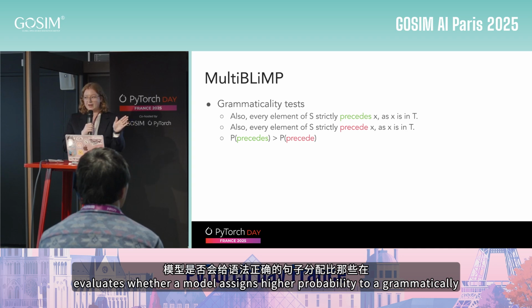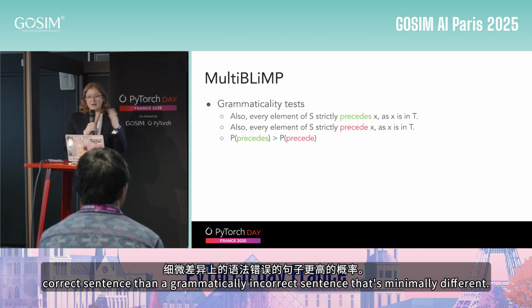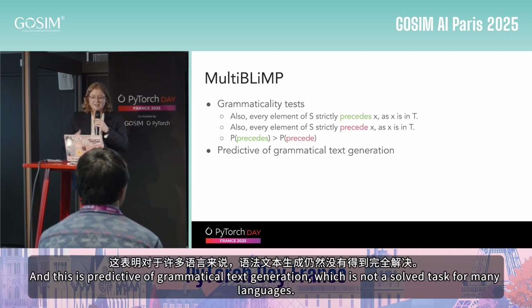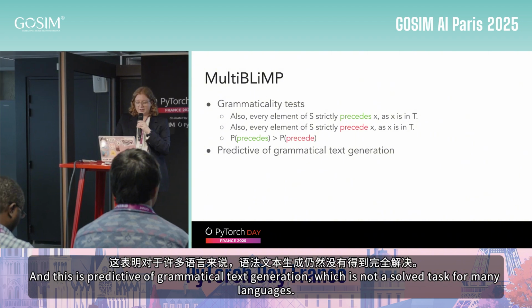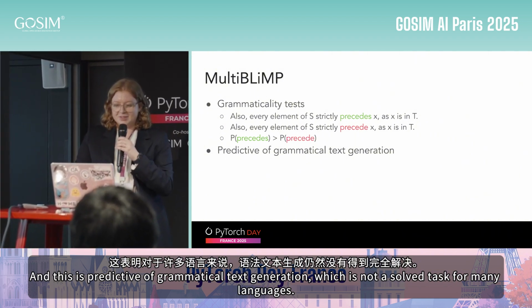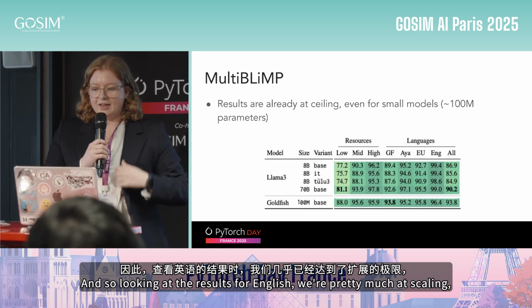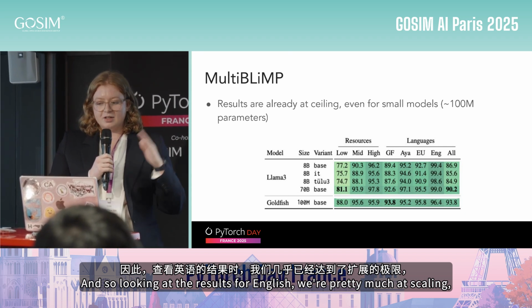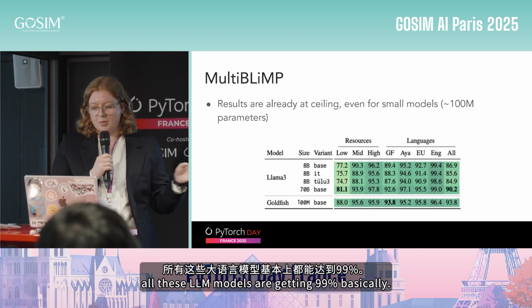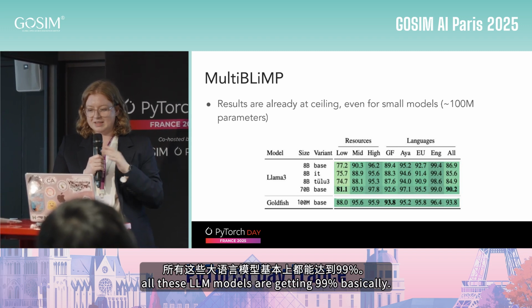Just to illustrate this with MultiBLiMP, this task basically evaluates whether a model assigns higher probability to a grammatically correct sentence than a grammatically incorrect sentence that's minimally different. And this is predictive of grammatical text generation, which is not a solved task for many languages. Looking at the results, for English we're pretty much at ceiling. All these Llama models are getting basically 99%.